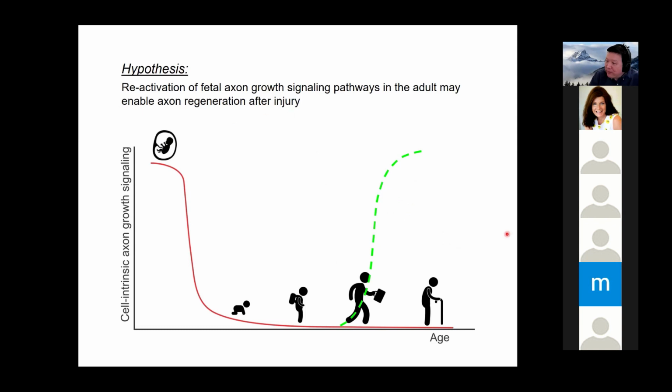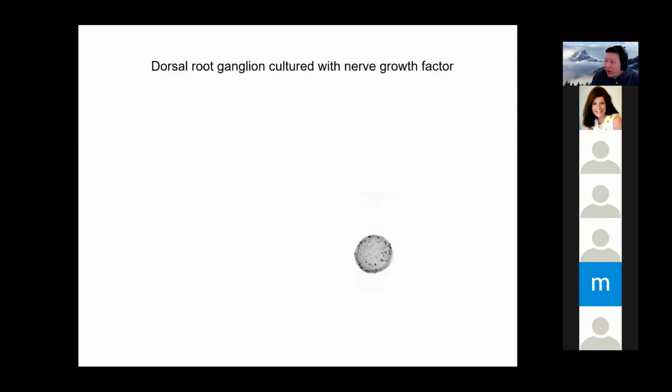And what exactly makes axons grow in young neurons? So again, we go back to the literature. It has been known for over 60 years now that a small molecule called nerve growth factor, NGF, triggers robust axon growth from the embryonic sensory neurons, as you can see here in this dorsal root ganglion.